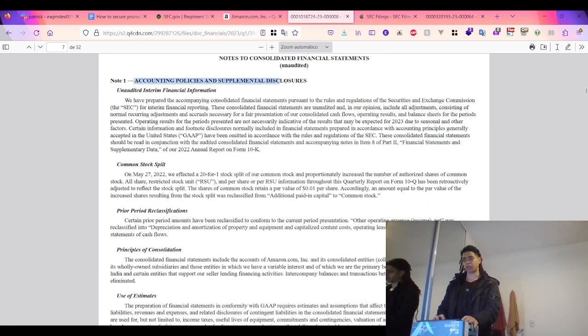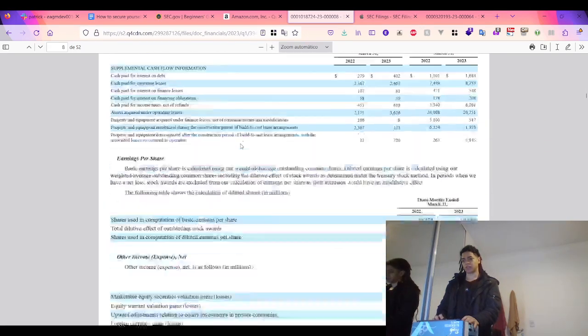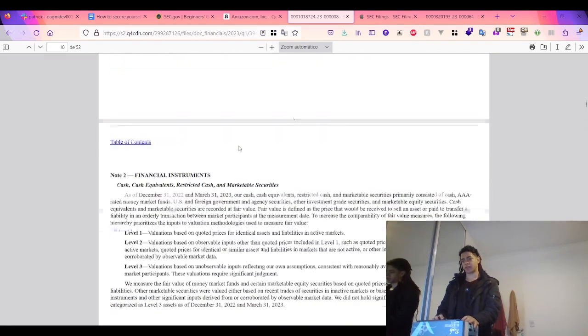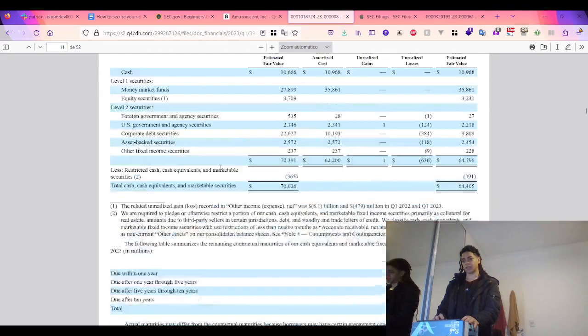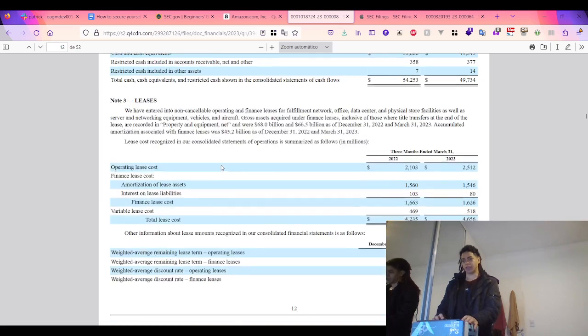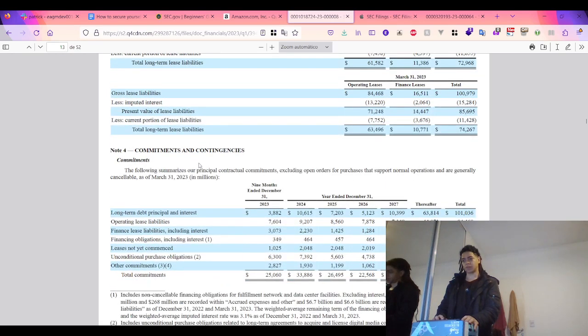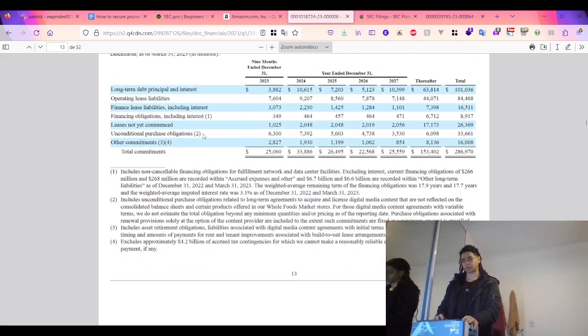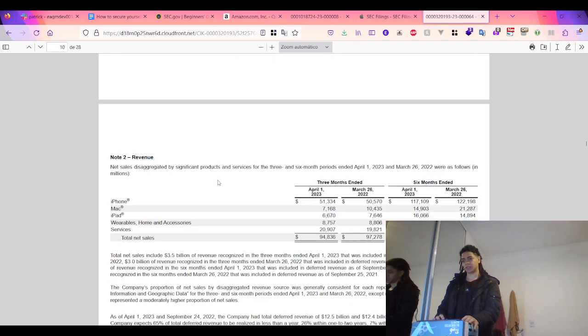This is what they describe here. Accounting policy and supplemental disclosures. So in theory, they're supposed to talk about pensions and post-retirement programs, right? Commitments and contingencies. But this is where they define things like that. Commitments and contingencies.